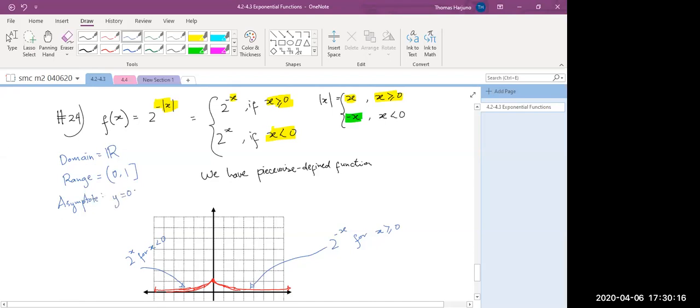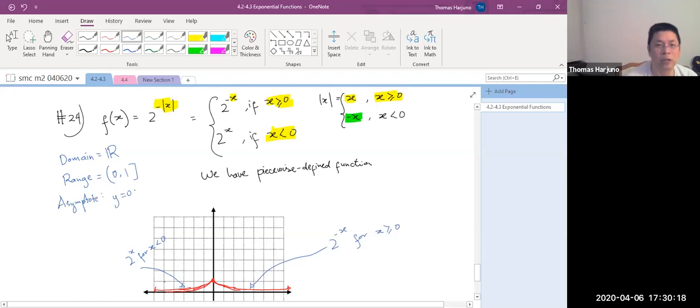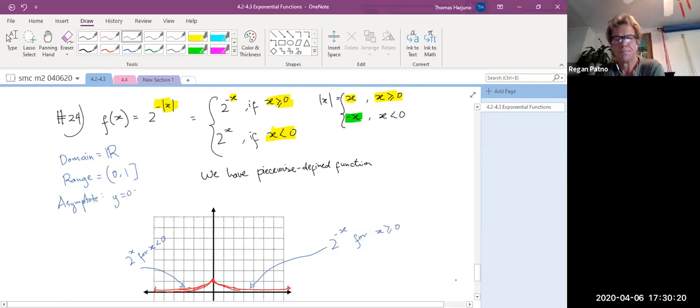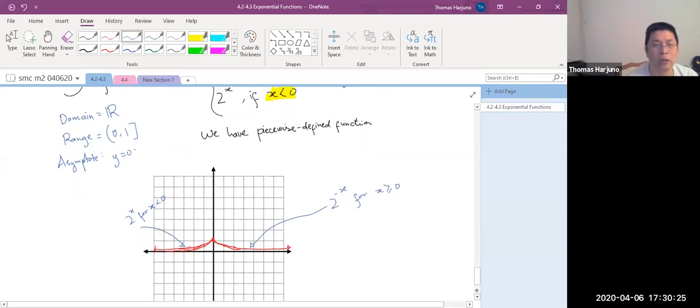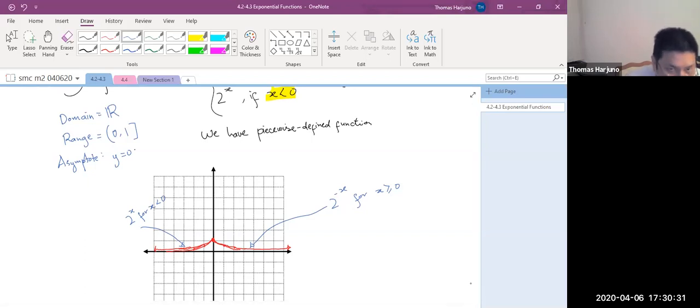y equals 0. Now, this time the asymptote is actually both ways, going very far to the right and very far to the left. In other words, to be more precise, the graph goes to y equals 0 on the far left and also the far right.